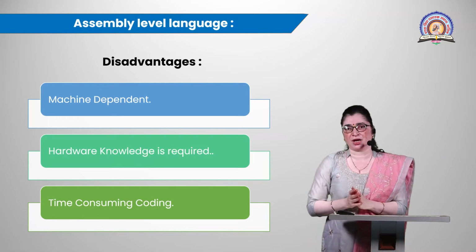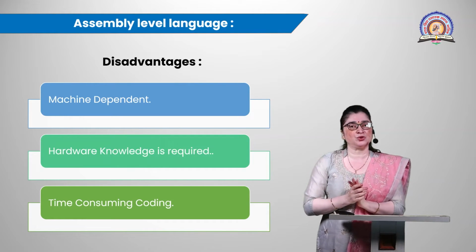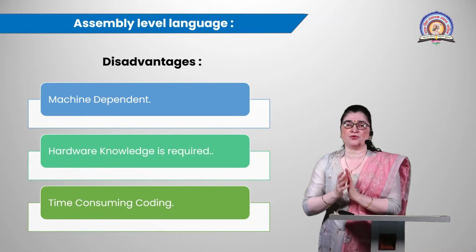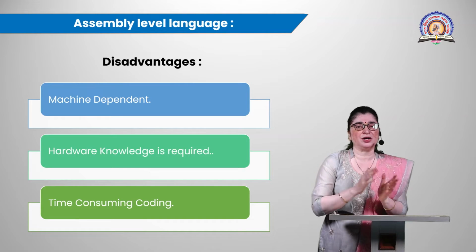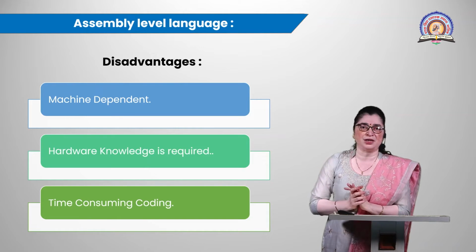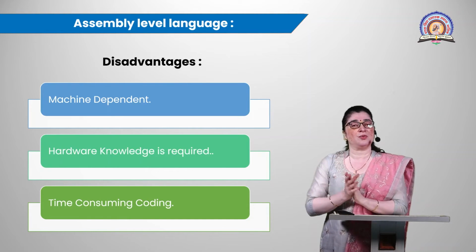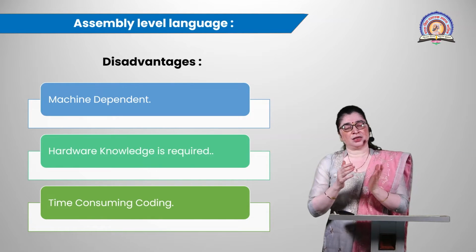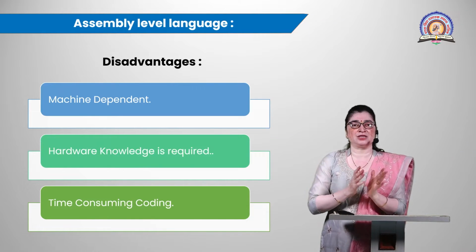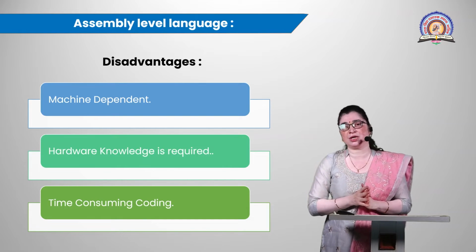Whatever mnemonics we are using are familiar to the user, but they are not in the form of ones and zeros. So a translator is required to convert these mnemonics into binary form, into machine language form. Therefore it is time consuming, and the speed of execution is slow.